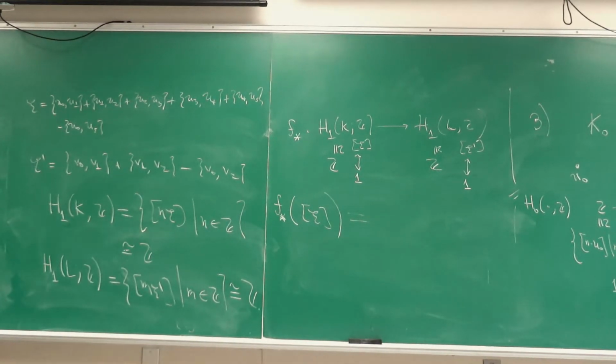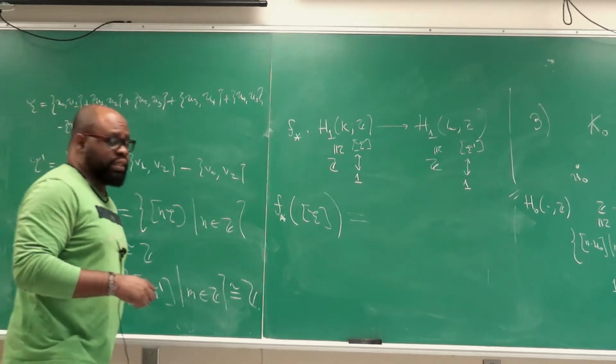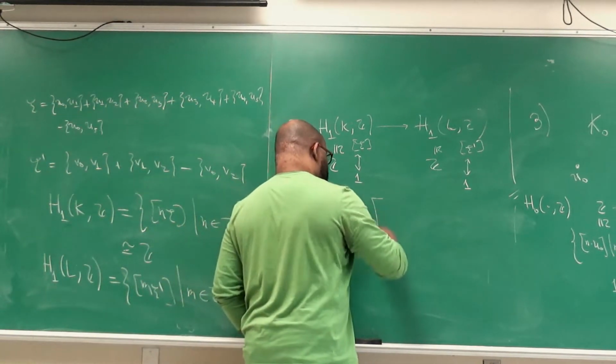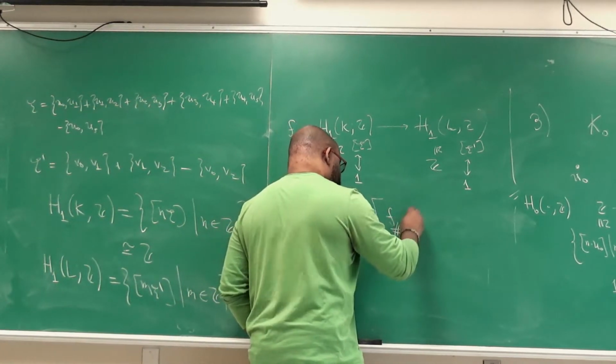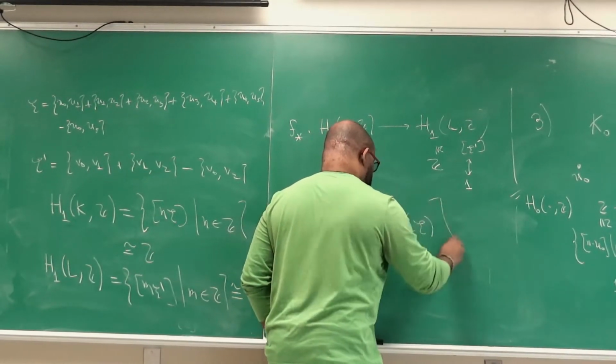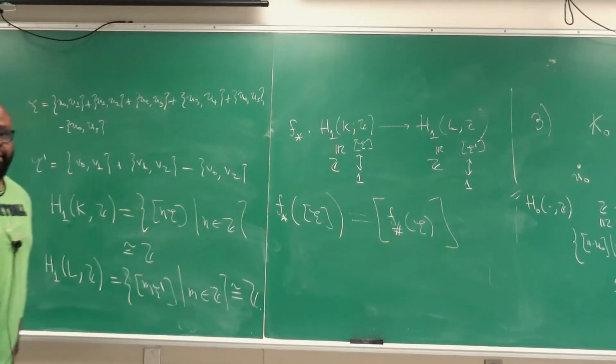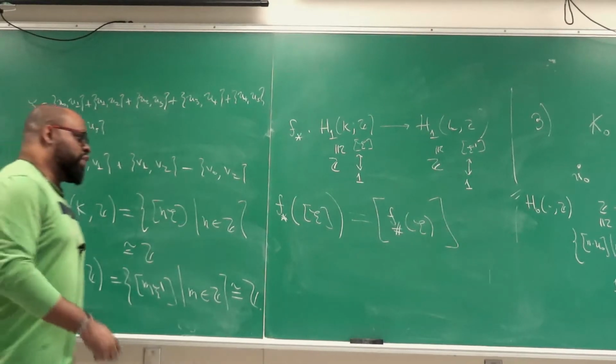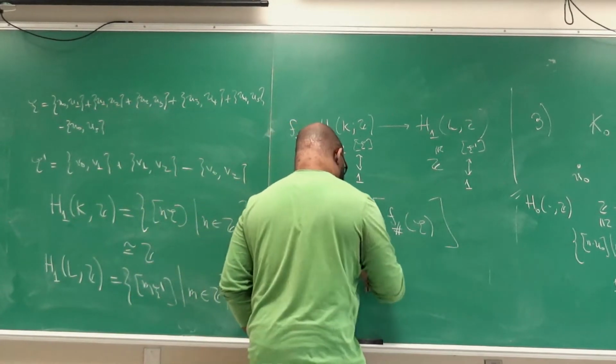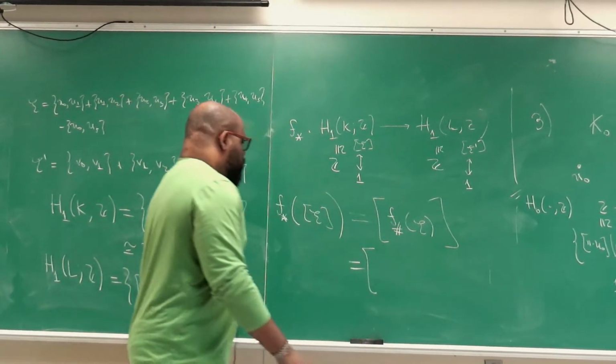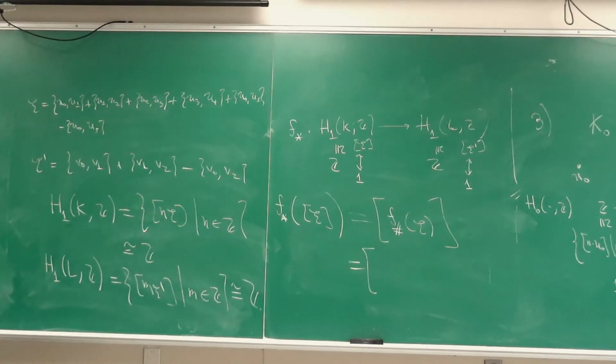Okay, so let's just use the definition and see what happens. So this should be the class of F sharp of zeta, again by definition, and let's just compute what this is. So we're going to apply F sharp to this cycle, okay?